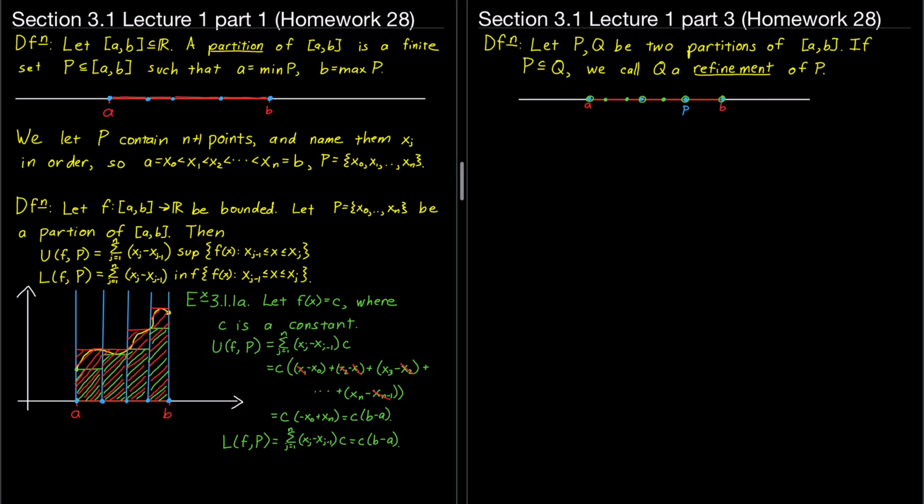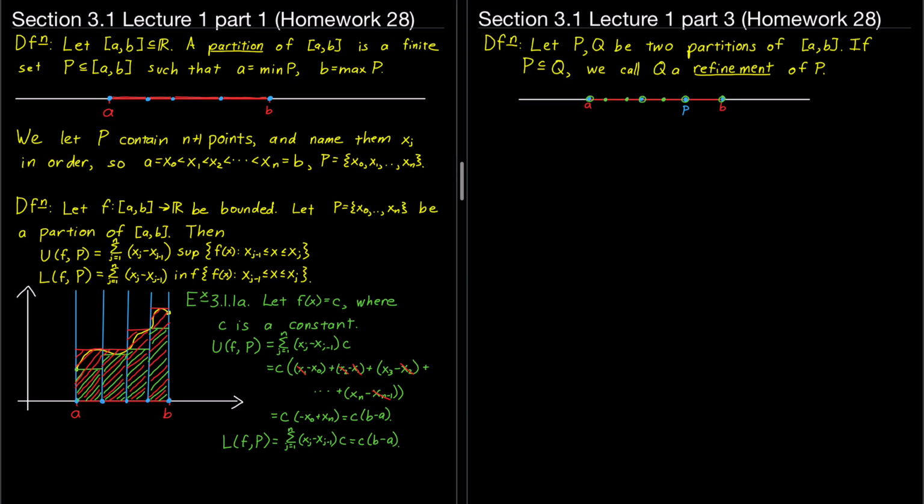And notice that now all of our intervals are getting smaller. So every interval between points in Q is contained in one of the intervals between points in P. So that's why we call it a refinement. It's got more points. The intervals are all smaller.